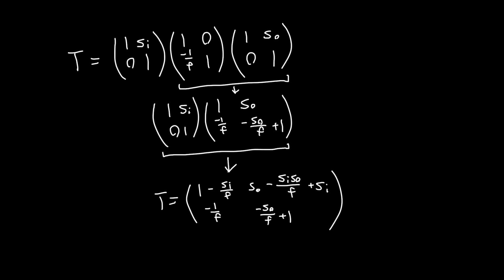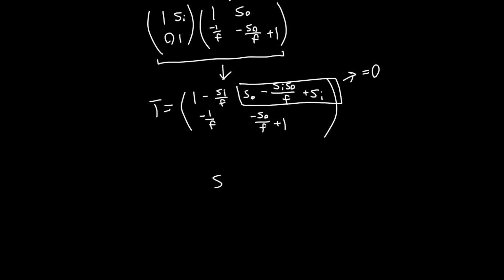That wasn't too terrible. And we said that this term, T12, has to be equal to 0. So let's solve for it. We have s0 minus si s0 over f plus si is equal to 0. This is great, but it's a little ugly.